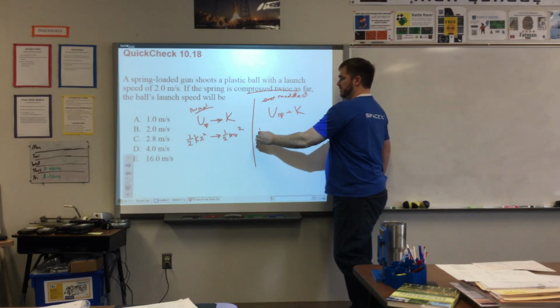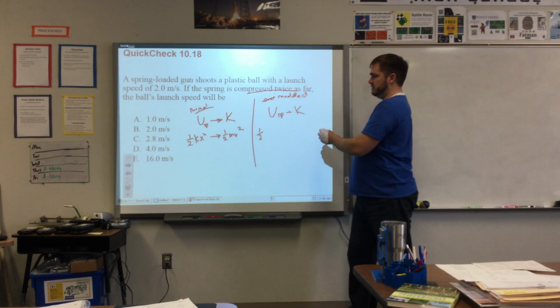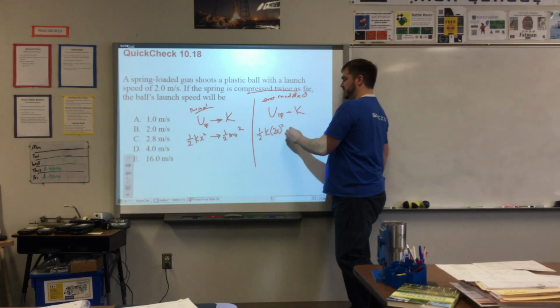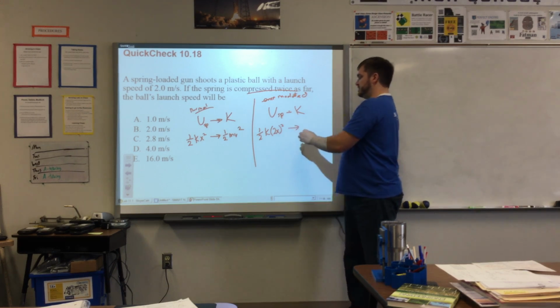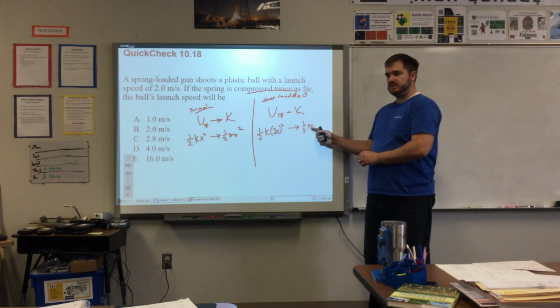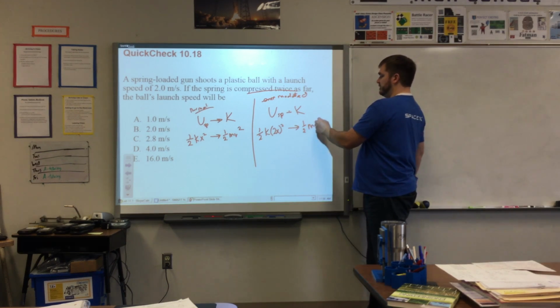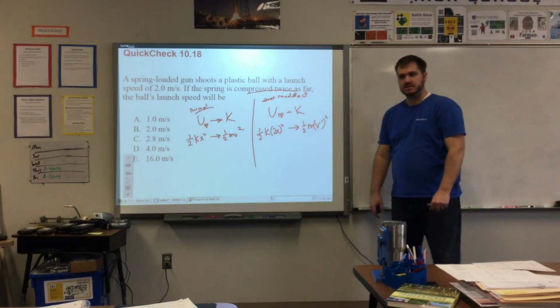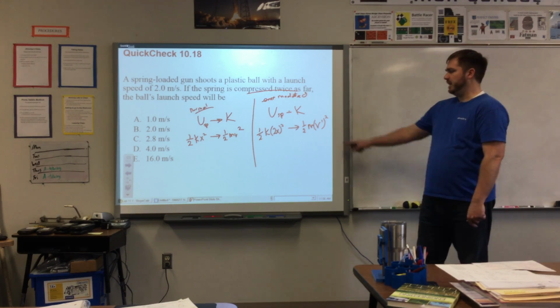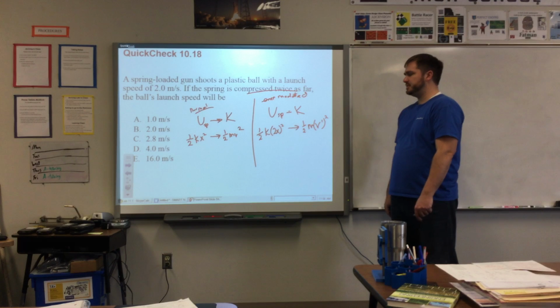However, what is different? It's 2x squared. So it's going to be 1/2 k, and then I'm going to write 2x squared, and that turns into 1/2 the mass of the ball, which is still the same, but I'm going to put v prime squared because that's going to be different. And that's what we're interested in.